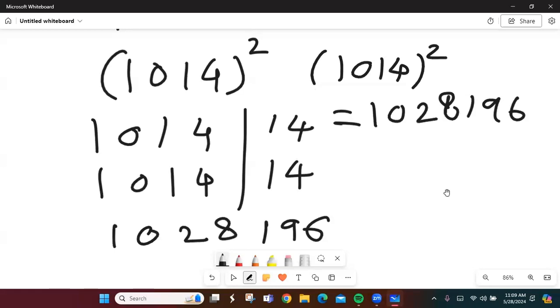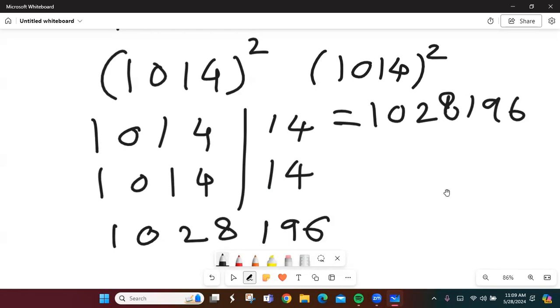Okay, so this method is easier since you don't have to make any arrangement of the numbers. You have to just see which is the closest base to that particular number.